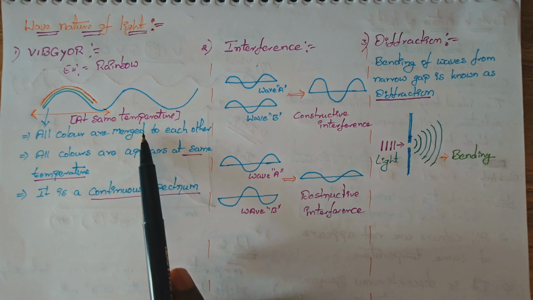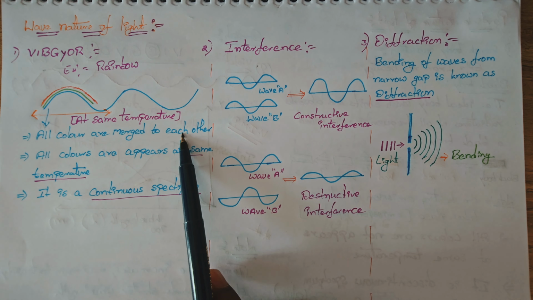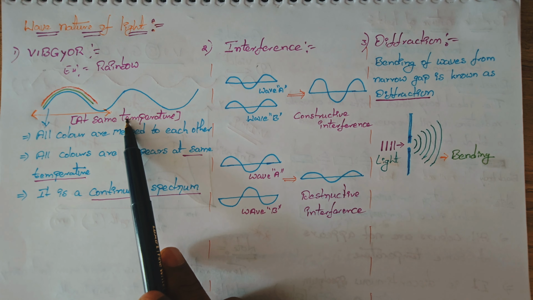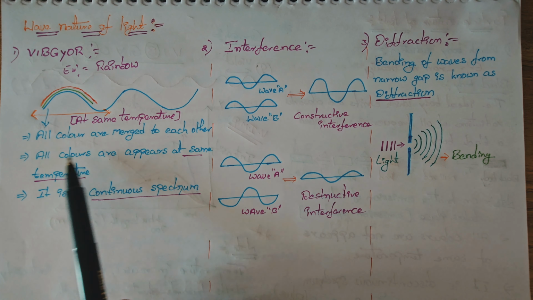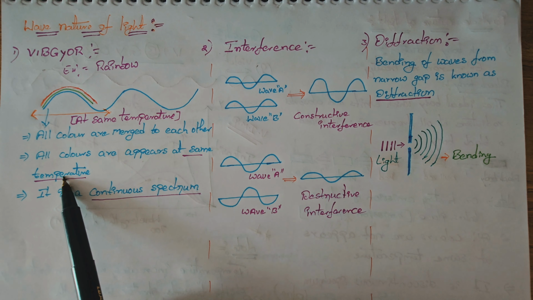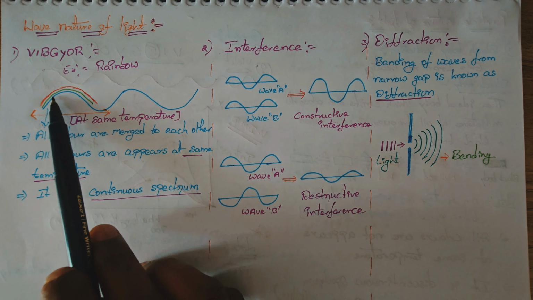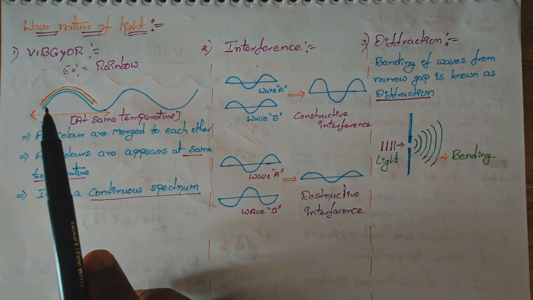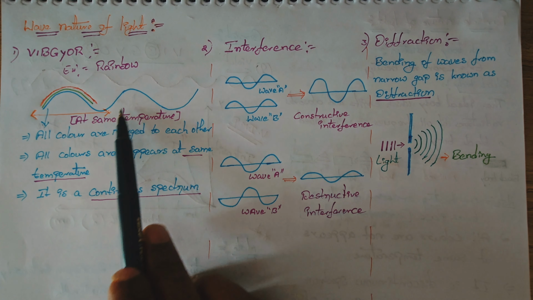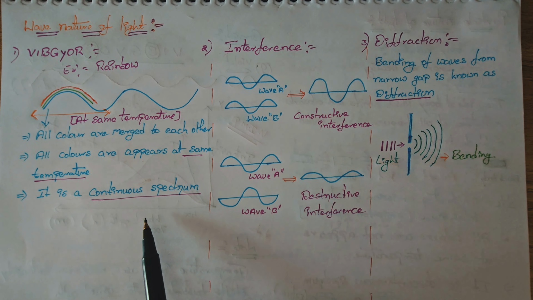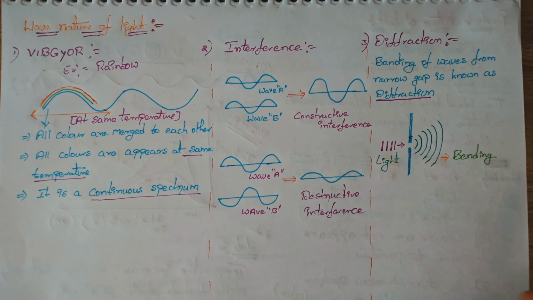All the colors are merging into each other. Remember this point: at the same temperature, all colors appear. So this is the wave of the rainbow. It is a continuous wave, continuously existing. That is the Vibgyor nature, rainbow nature.